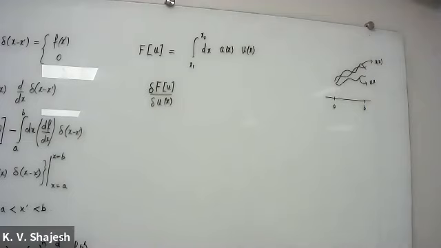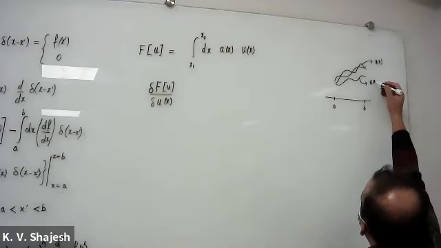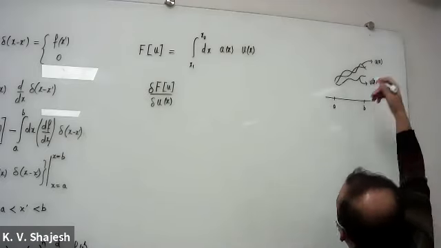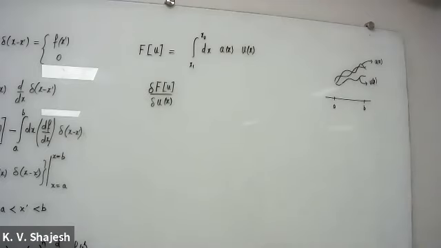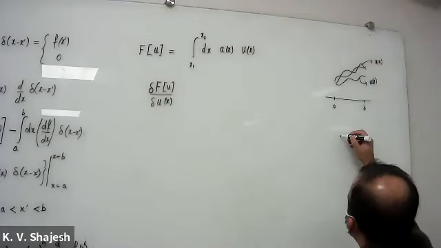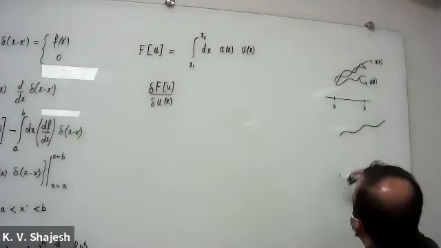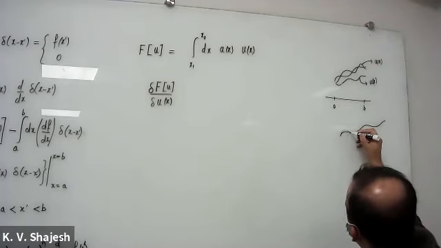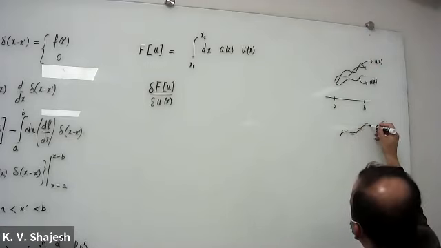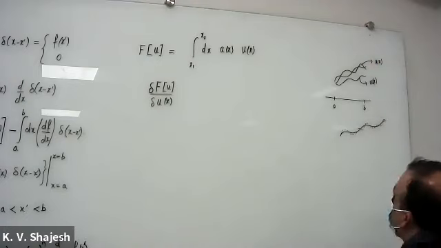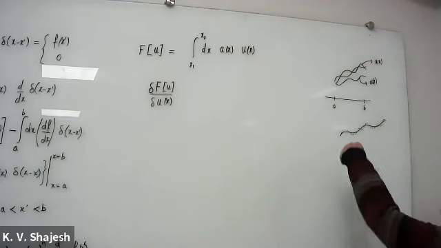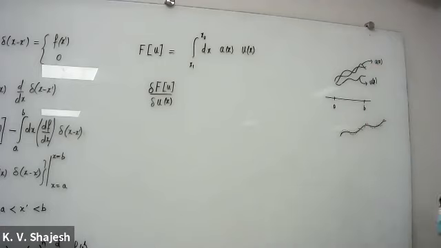And you make a small change in the function. When I say small change, I could go from one function to the other function, and the difference between the two is the small change. Since it's a small change, you disturb it at every point a little bit away. So let's say u plus delta u, and to show that it could be plus or minus, you show it as going around that value.